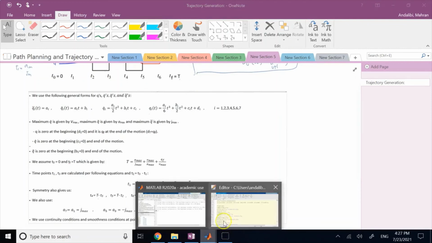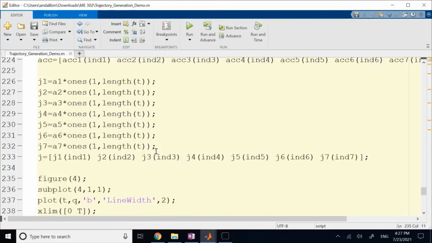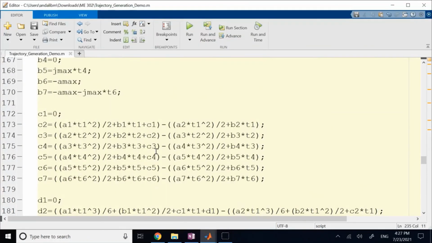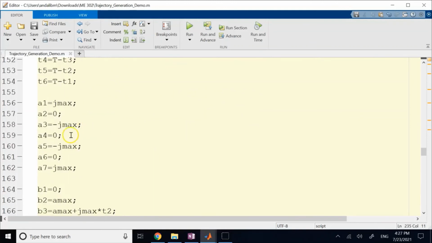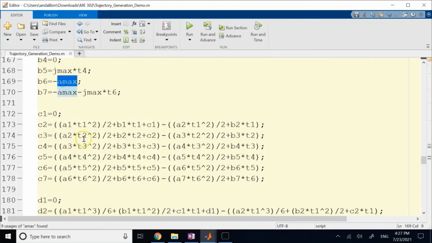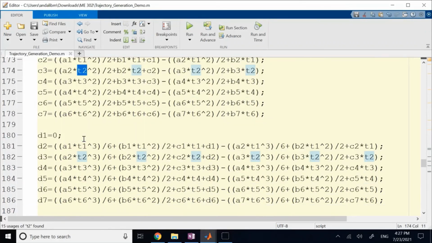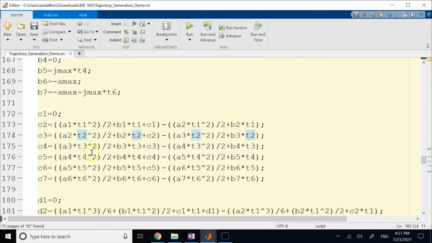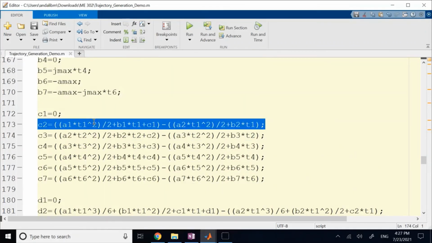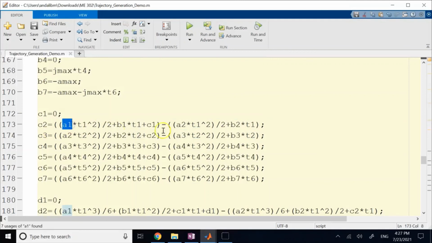And here, if we go and look at my MATLAB code, I'm using the same thing here. So when I have my A's and my B's, when I want to calculate my C's, let's say, or D's, I'm just calculating the value of Qi at the Ti subtracted from Qi plus 1 at the Ti, except for the parameter that I'm trying to choose, and then that gives me the unknown.